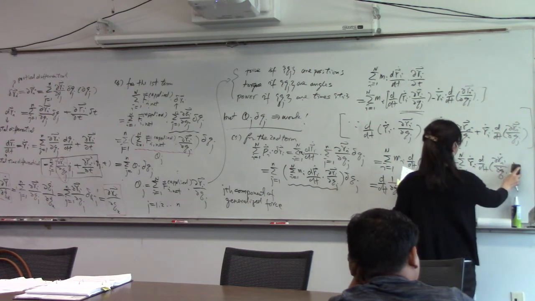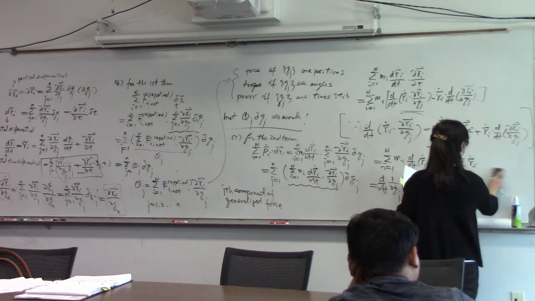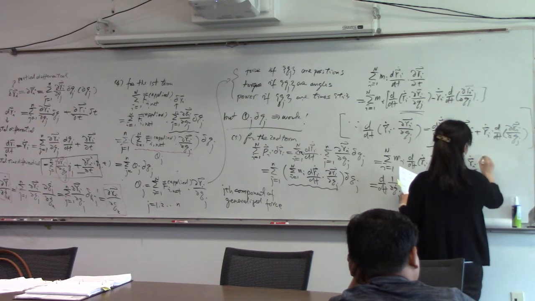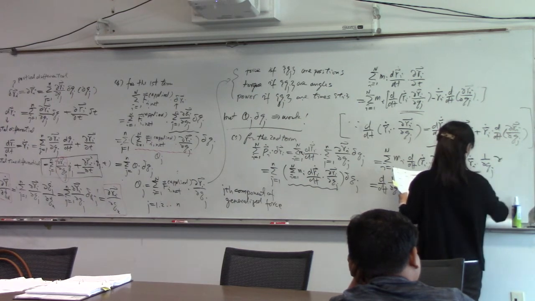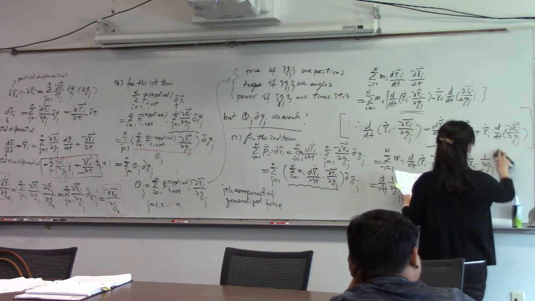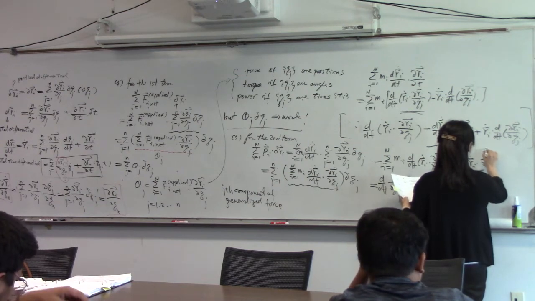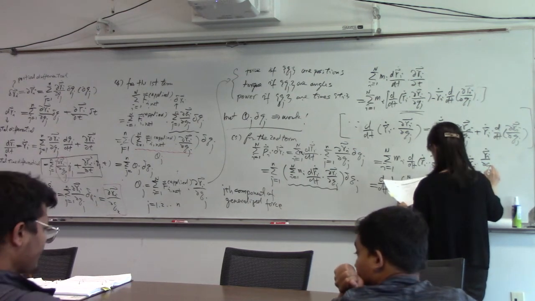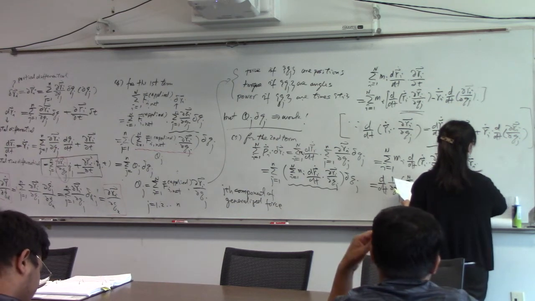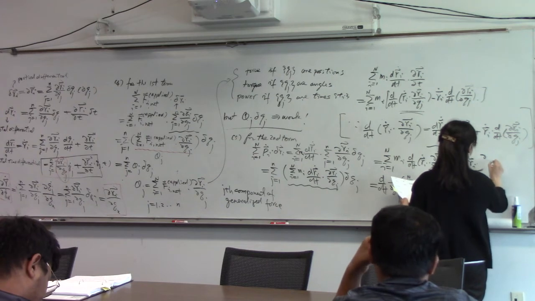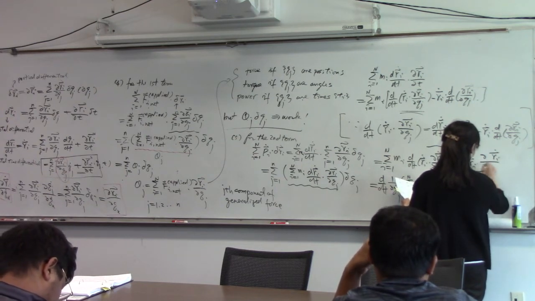Sorry, this one already here is partial qj, this is r, this is dri/dt, right? This is ri dot. Partial here, partial ri dot over partial qj.